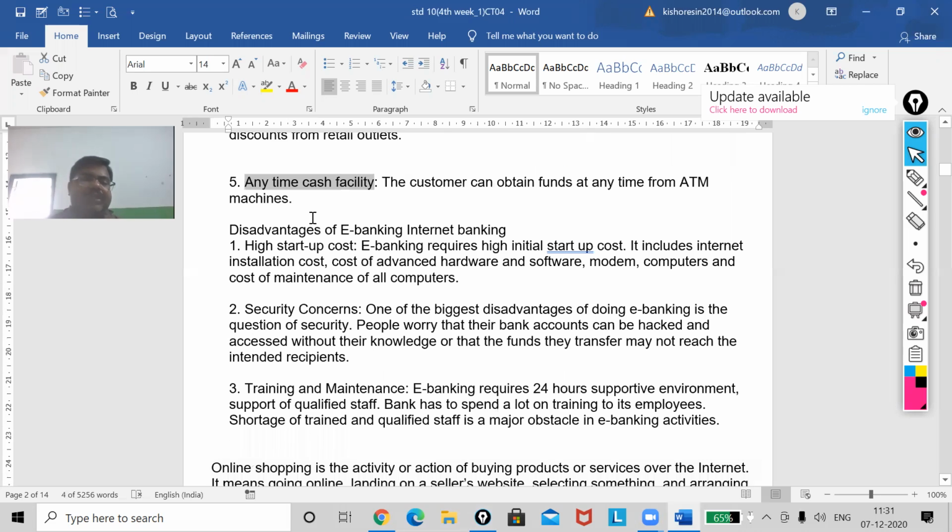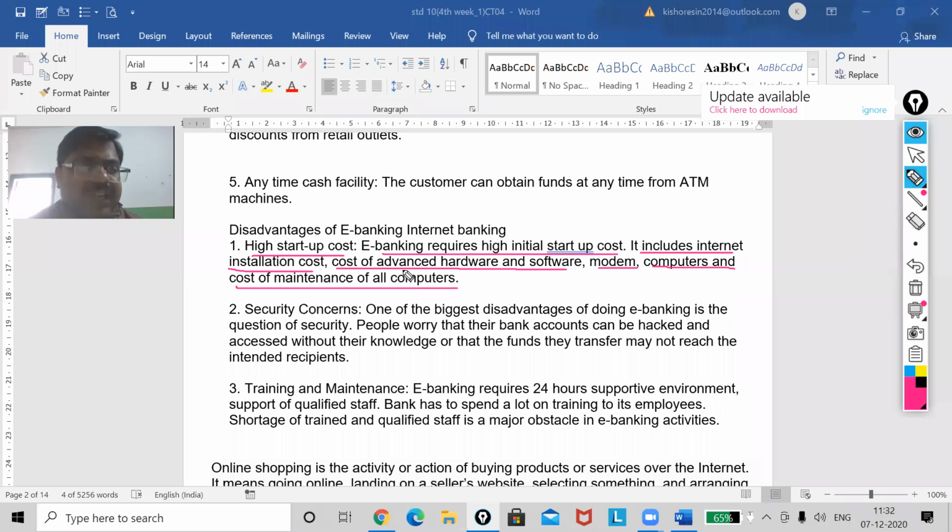Now, disadvantages. So first one is high startup cost. Understood? E-banking requires a high initial startup cost. It includes internet installation cost, cost of advanced hardware and software, modems, computers, and cost of maintenance of all computers. See, the first disadvantage is high startup cost.